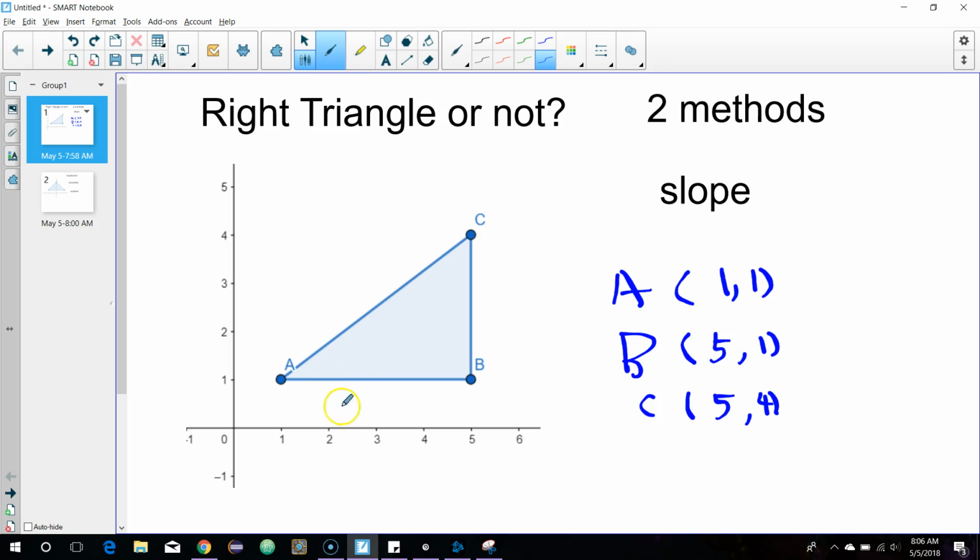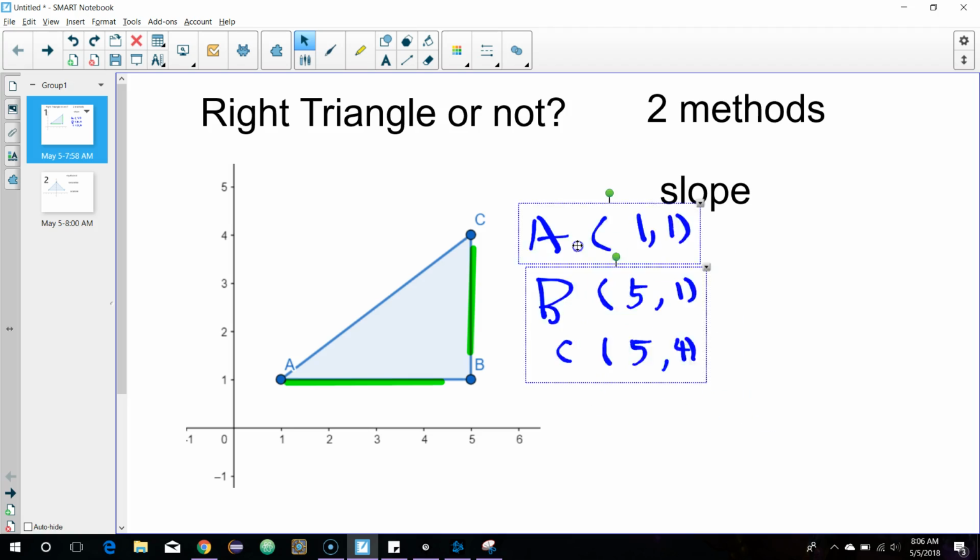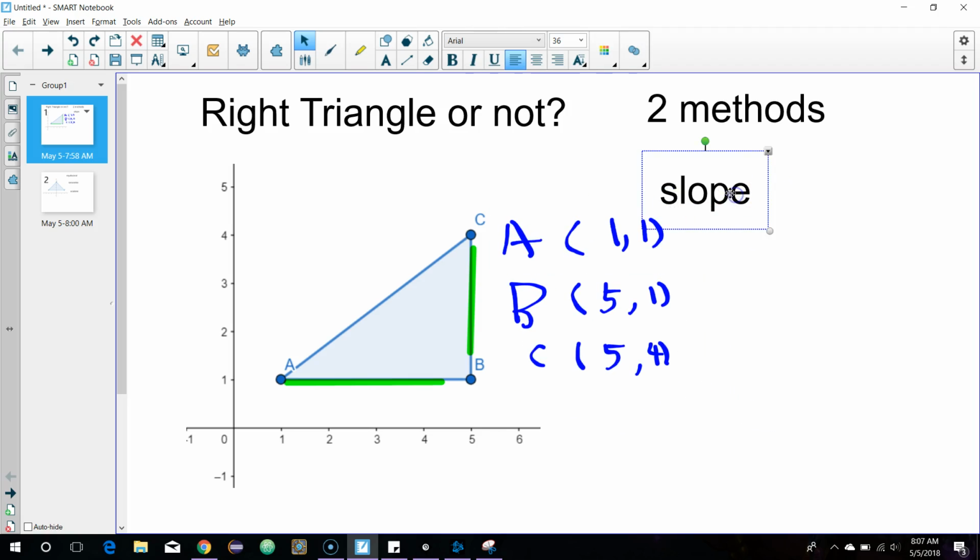Obviously, you are not going to test this corner, you're not going to test that corner, because this one is the most likely to be 90 degrees. You're going to find the slope of AB, and you're going to find the slope of BC, and you want to see if they're going to be negative reciprocals of each other or not. So we are looking for the slope of AB and the slope of BC.